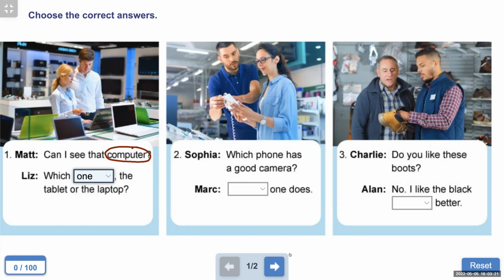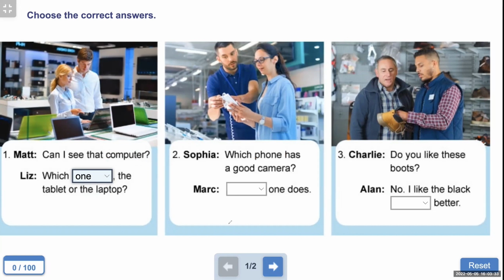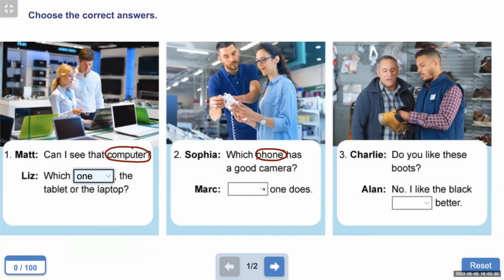Mark is going to say, let's see, we're going to highlight phone because we are talking about a phone. So Mark says this one. And based on the picture, we know that Sophia is close. Remember, near. She is near the phone.